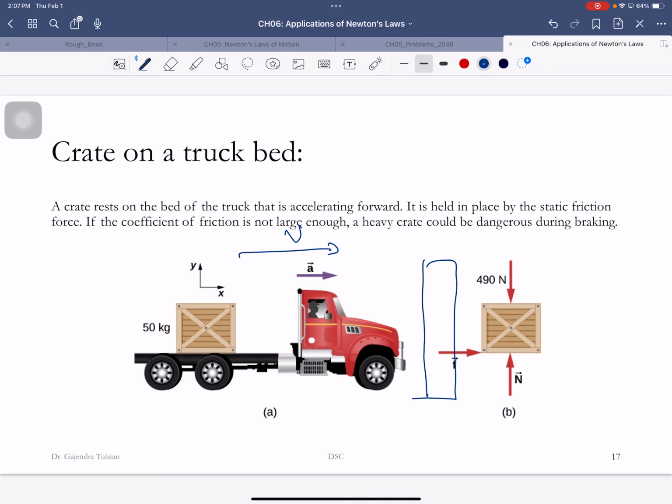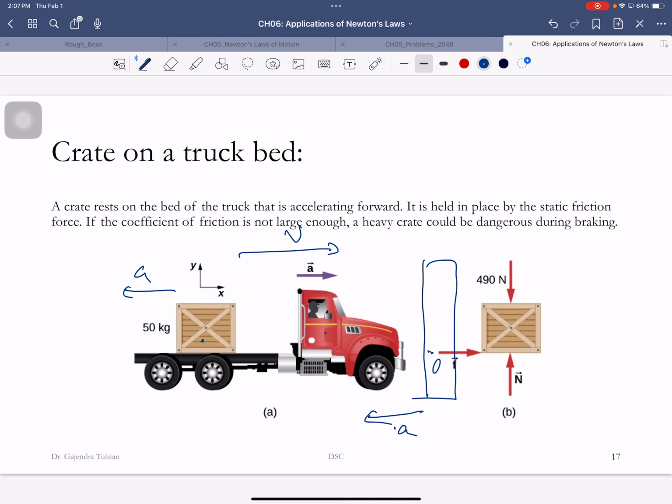Okay, now for the truck driver, this wall is a problem. The wall stops the truck fairly fast. That's a problem. Again, you don't want large accelerations. So that was the acceleration of the truck. What was the acceleration of this guy? Same thing.